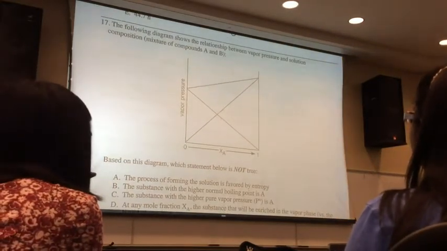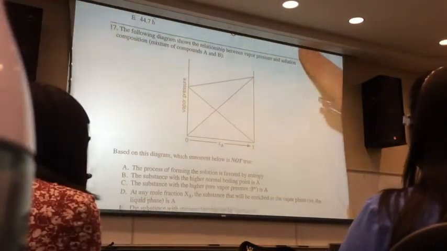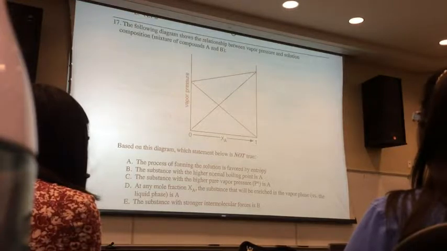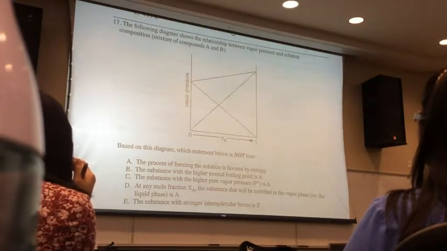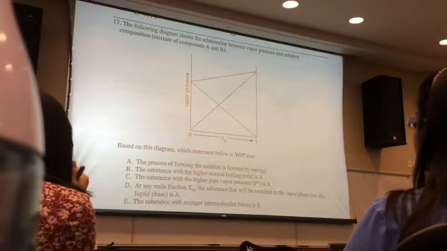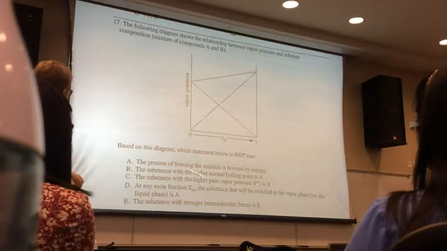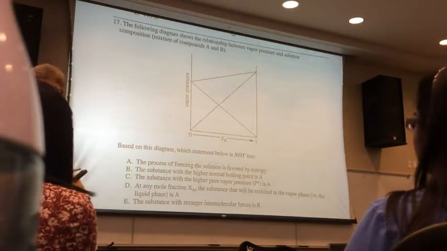Another Raoult's Law problem. The following diagram shows the relationship between vapor pressure and solution composition, i.e. mole fraction, for a mixture of A and B. Based on this diagram, which of these is not true?